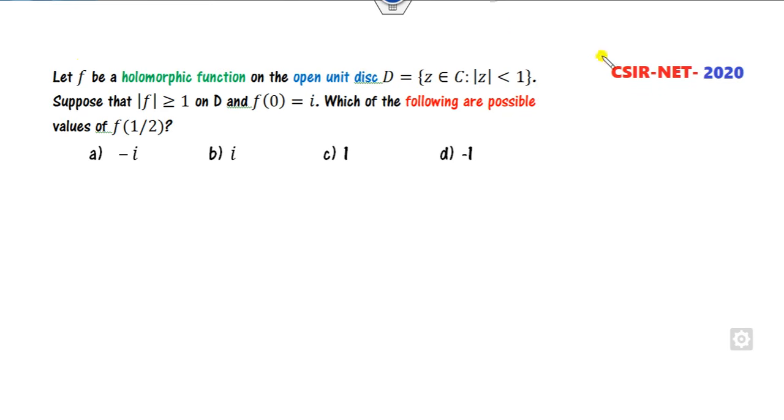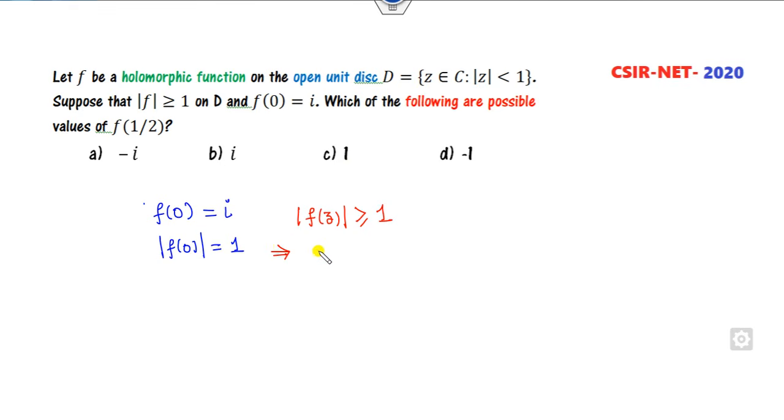Okay, look at this another one. It's 2020. f of 0 is given to be iota, and the modulus of f is 1. Fine. Can you find the absolute value? It is given to you as 1. What is the meaning of that?